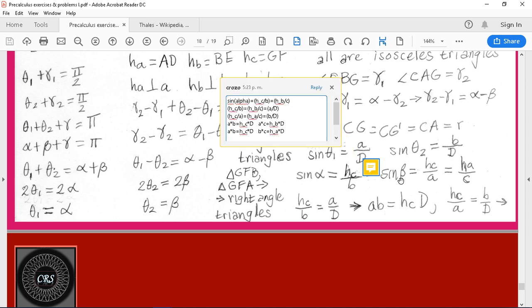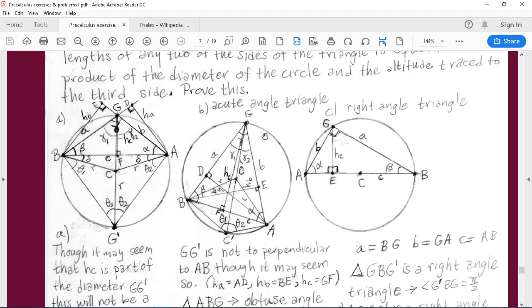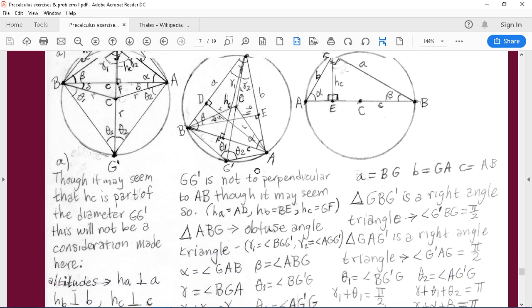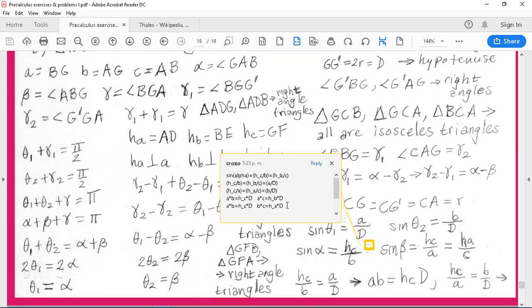Okay, we also have then that sine of beta equals hc over a equals ha over c. Sine of beta equals hc over a. Sine of beta equals ha over c, as we have here.